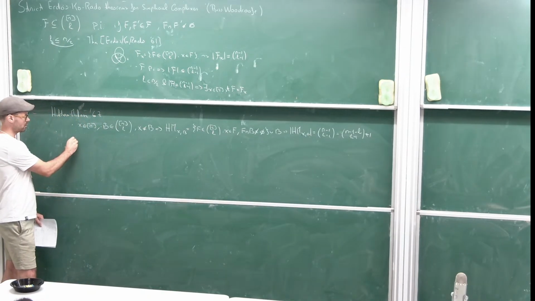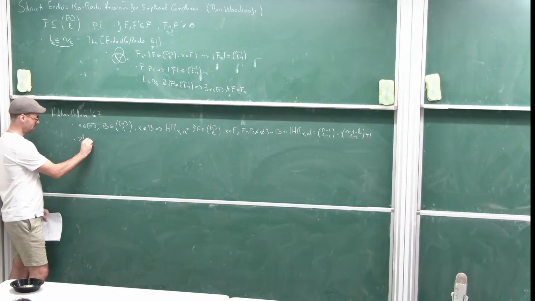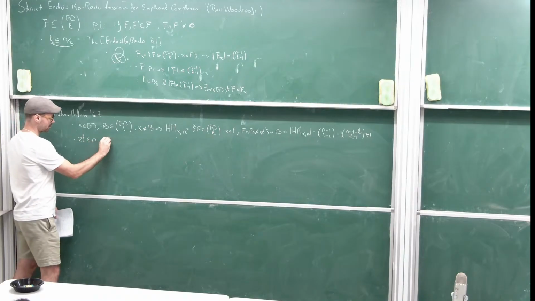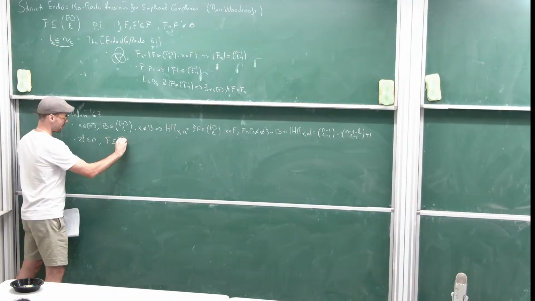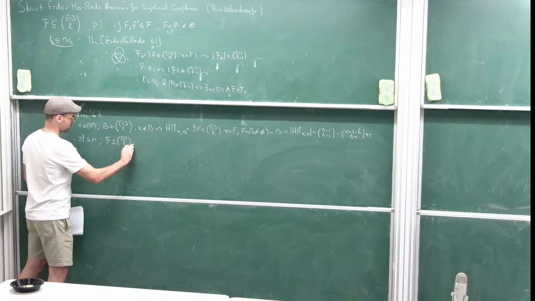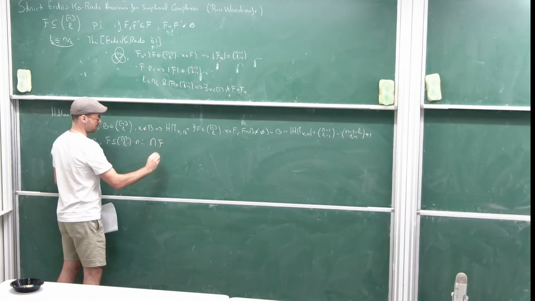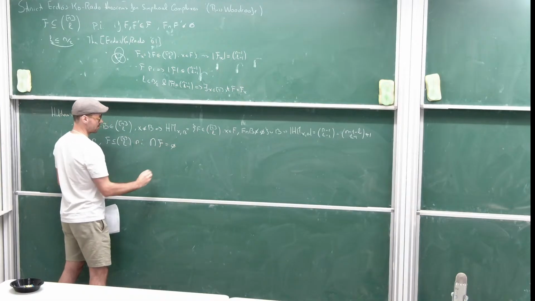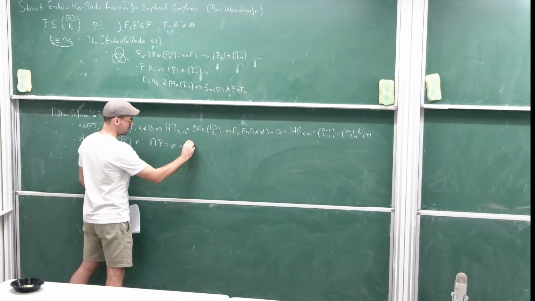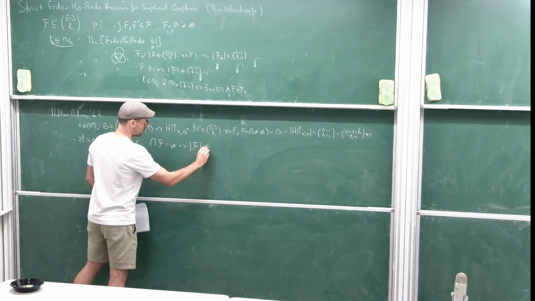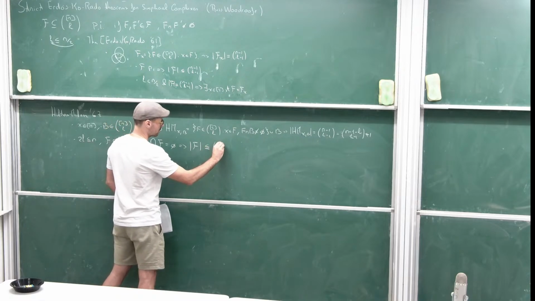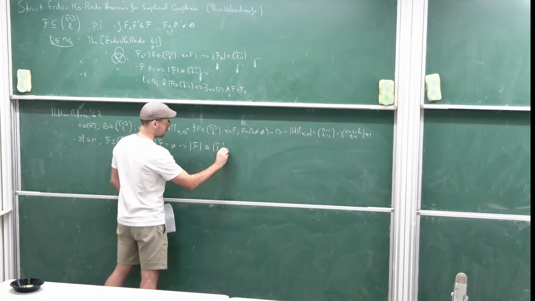Hilton and Milner show that if you are pairwise intersecting and the intersection of all the elements in the family is empty, then the size is at most that of the Hilton-Milner family.